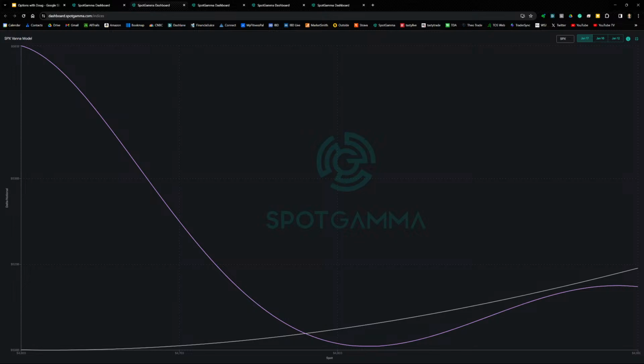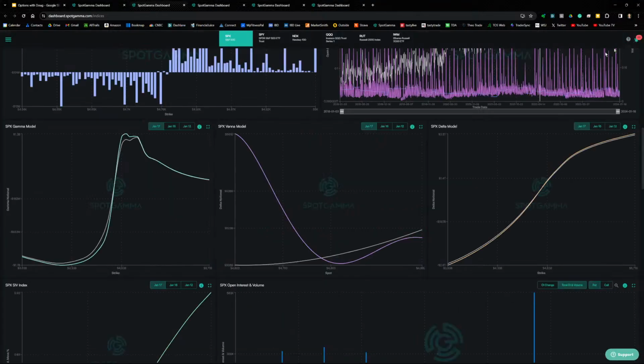So what this is showing, as price has been dropping, market makers' delta notional will increase. So price falls, market makers' delta notional increases, and they have to sell futures to hedge their delta exposure. All right, so that's the Vanna model.